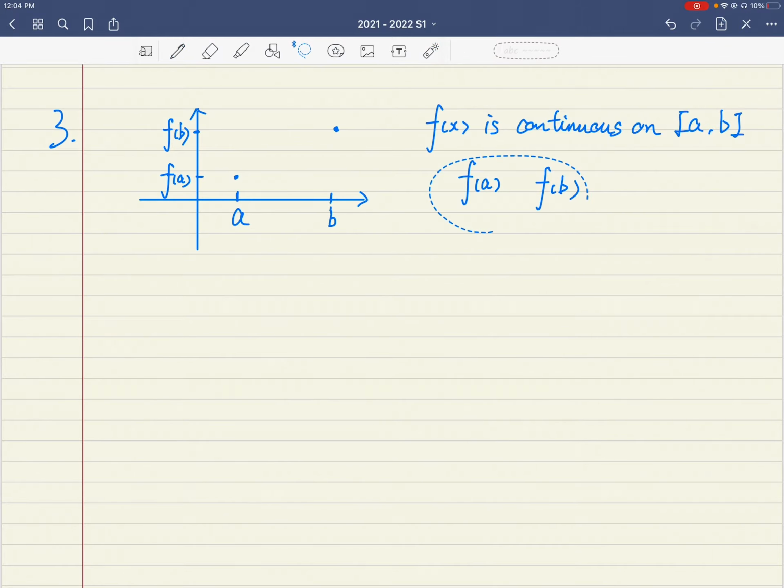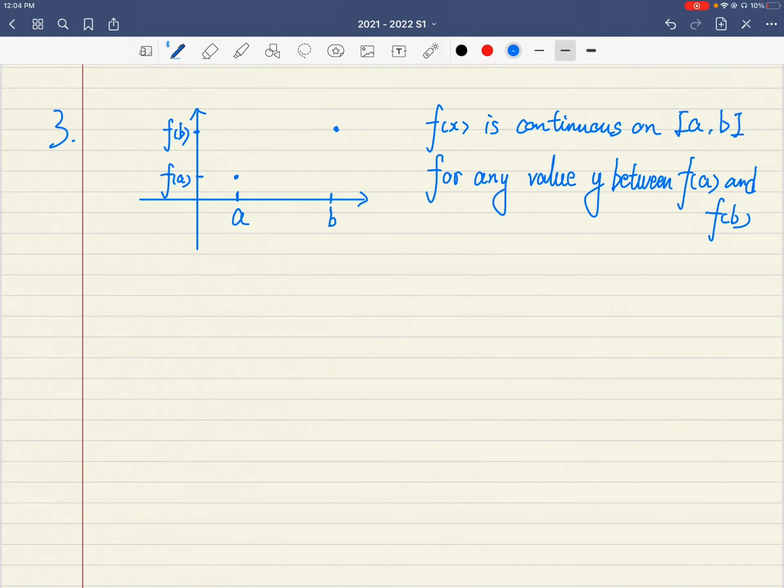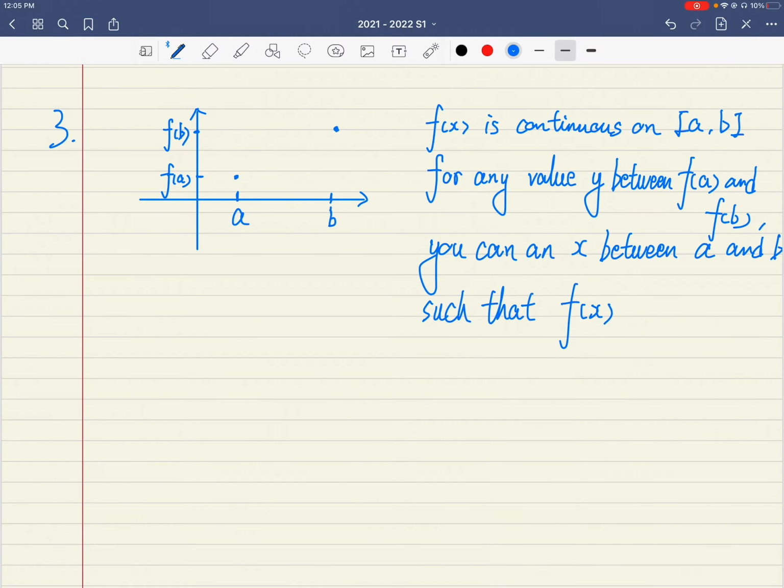Then for any value y between f(A) and f(B), you can find an x between A and B such that f(x) is equal to that y.